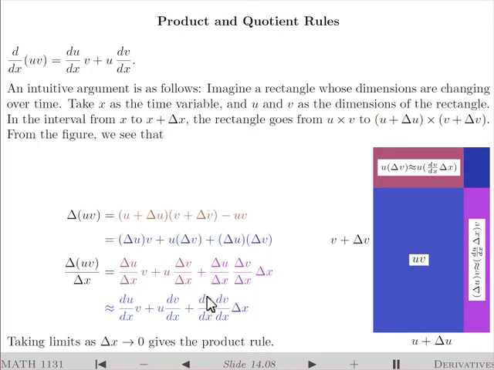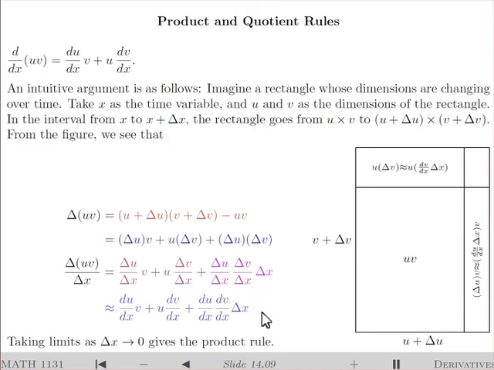So when delta x is very small, this will be almost zero. Or more precisely, when I do limits, as delta x goes to zero, these two terms go to the two terms in the product rule. The last term goes to something times zero, and regular number times zero is zero. So that gives me the product rule.